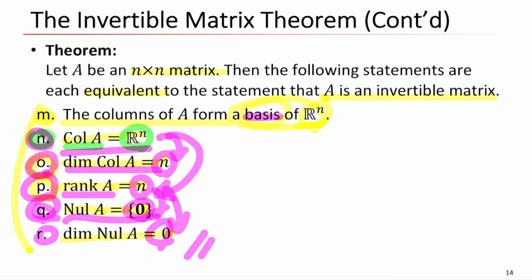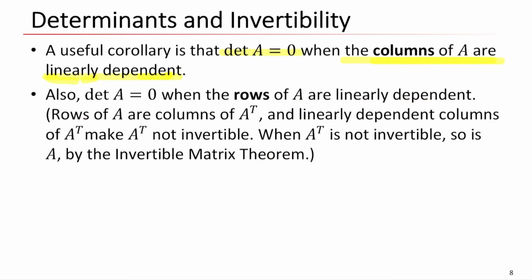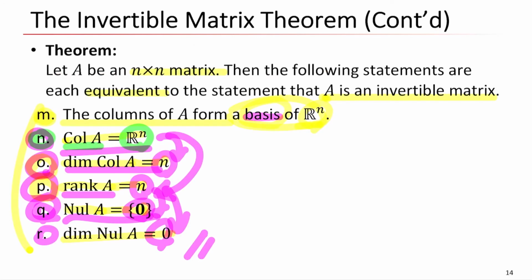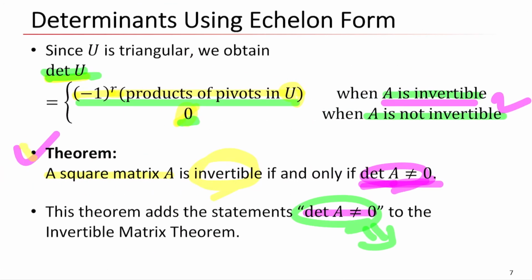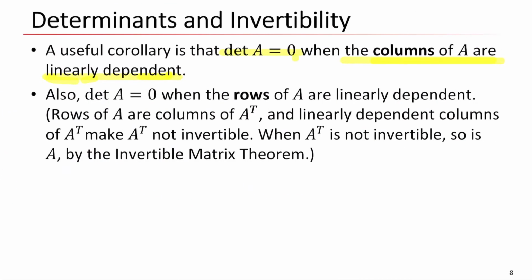From lecture 7.2, we can say that the matrix A is not invertible, because of the invertible matrix theorem. Then from here, we can say that the determinant of matrix A is equal to 0. So determinant of matrix A equal to 0 is equivalent to the columns of matrix A being linearly dependent.